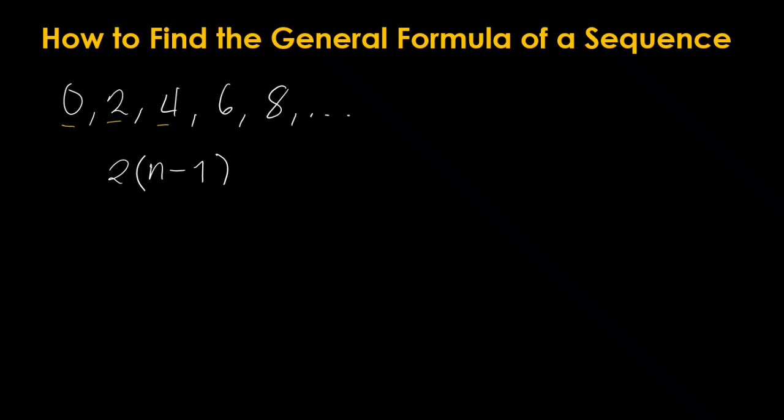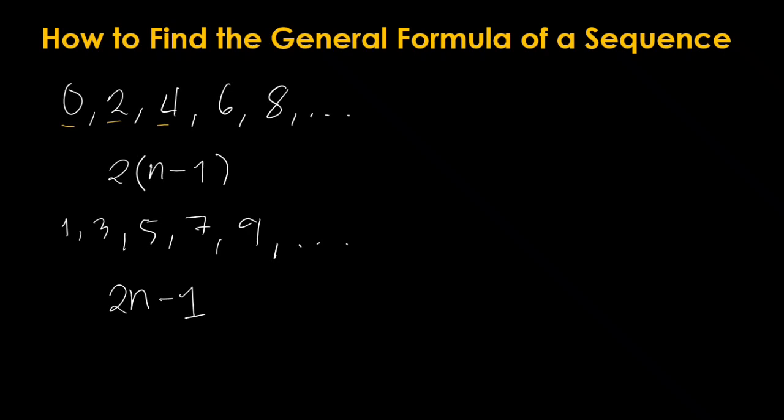Next, if we have a sequence which contains the odd numbers, like 1, 3, 5, 7, 9, and so on and so forth, then the general formula of the sequence is 2n minus 1.